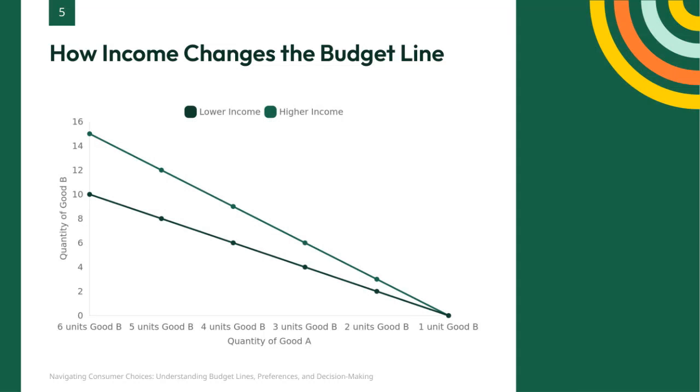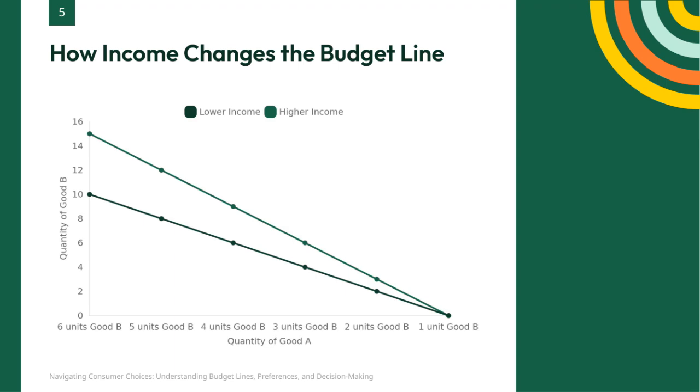Here we can see how changes in income affect the budget line, which represents the combinations of good A and good B that a consumer can afford. On the x-axis, we have the quantity of good A, and on the y-axis, the quantity of good B. The two lines represent different income levels, lower income and higher income.